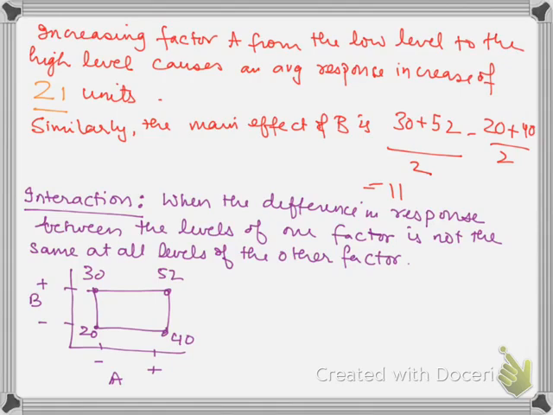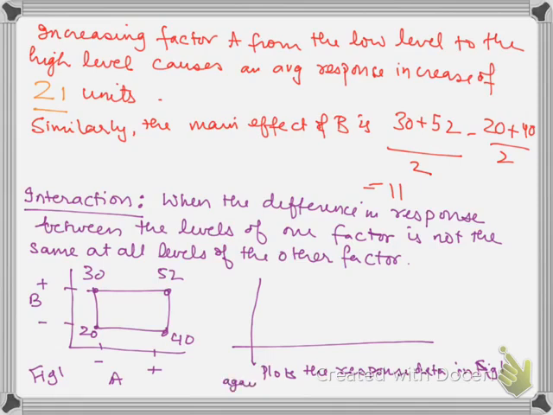If I plot the response data for this figure, this is how it goes against factor A for both levels of factor B. So this is the plot, which plots the response data, let's call it figure 1, against factor A for both levels of factor B.